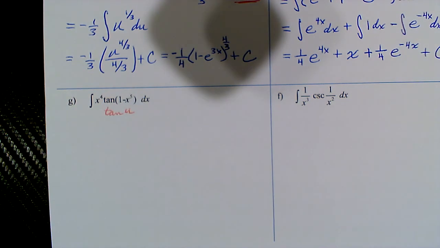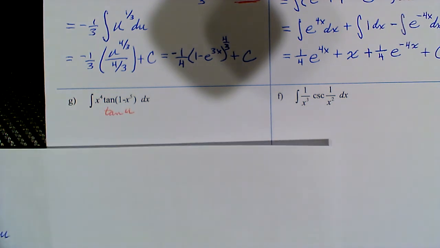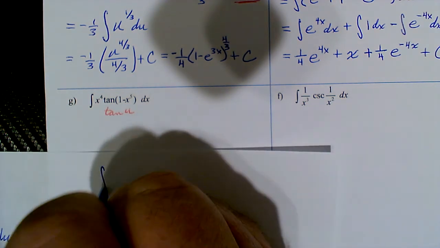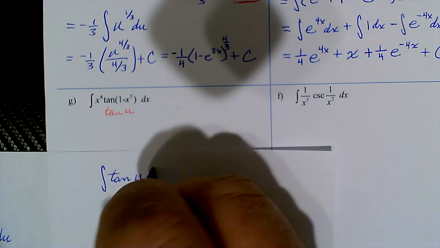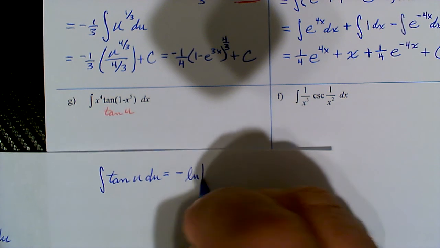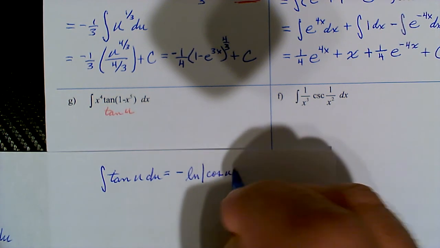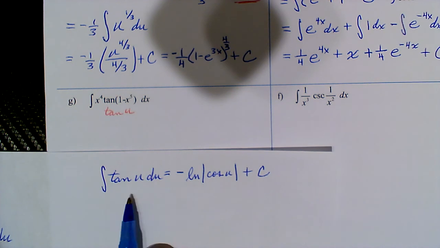But what we should recognize is the fact that that's one of the special formulas. That is, the integral of tangent of u, recall, turns out to be minus the natural log of the absolute value of cosine of u. And I will provide you with that formula on the exam. Everything else is common knowledge.